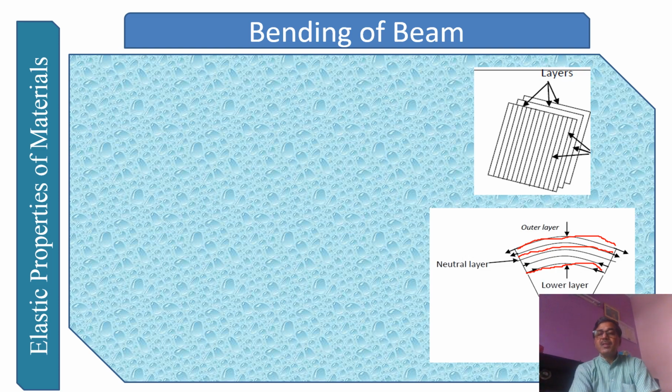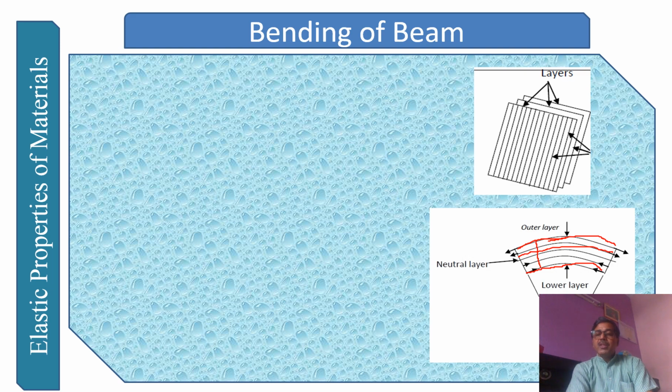So the elongation is increasing as we move from the lowest surface to the topmost surface. From here to here, the elongation slowly is increasing. Therefore, at the topmost level the elongation will be maximum, and at the bottom level the elongation will be minimum.